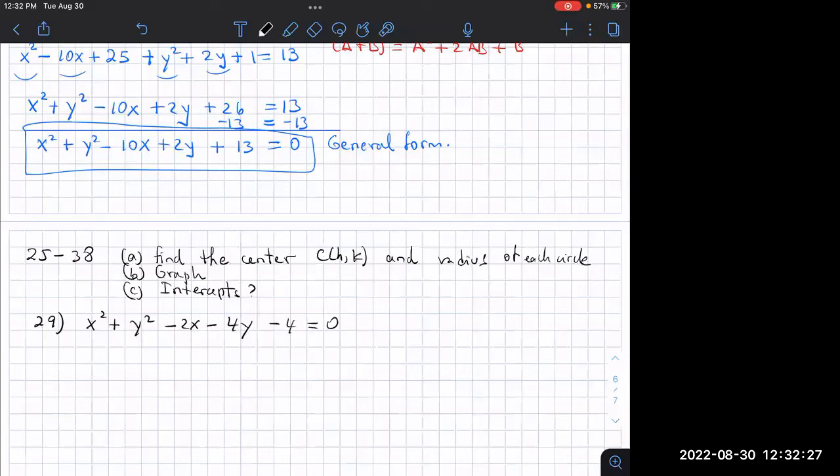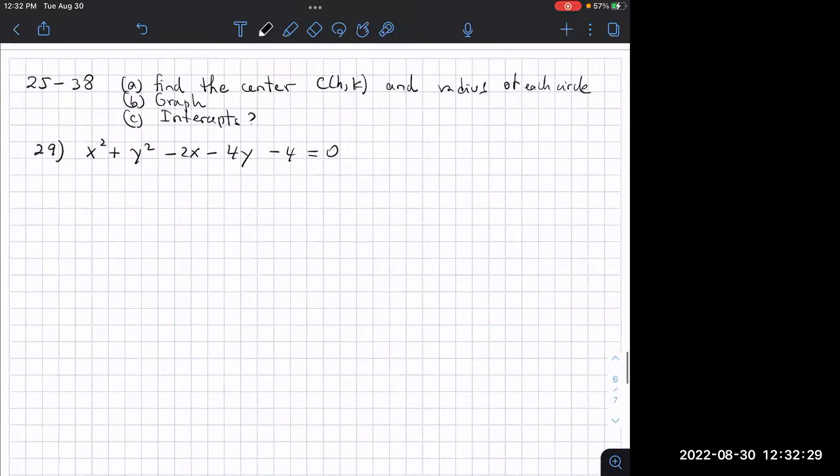So we start with the general form, and I want to go to the standard form: (x minus h) squared plus (y minus k) squared equals r squared. Notice that the x appears in only one place, the y appears in only one place, and everything else is a number. So then we backtrack.